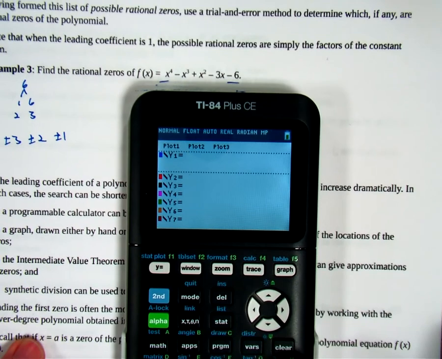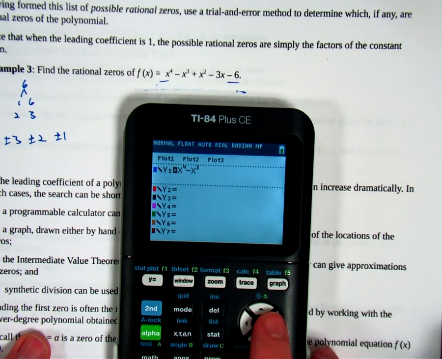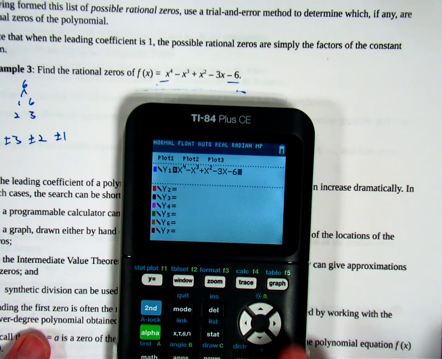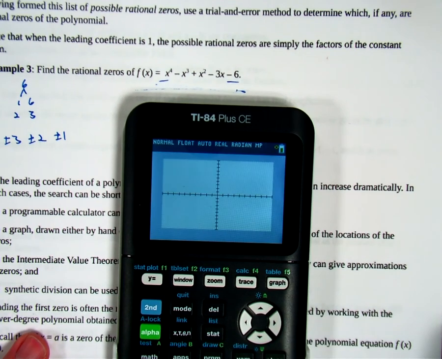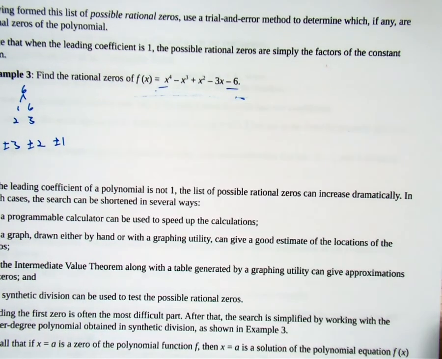So we have x to the 4th minus x to the 3rd plus x squared minus 3x minus 6. Looks like we're going to be checking out -1 and +2.